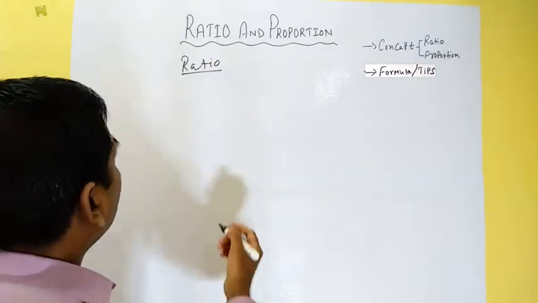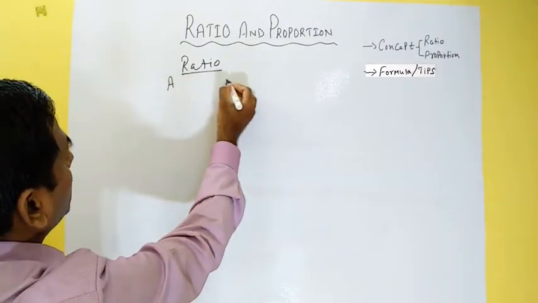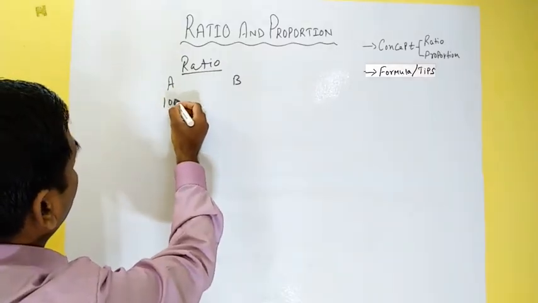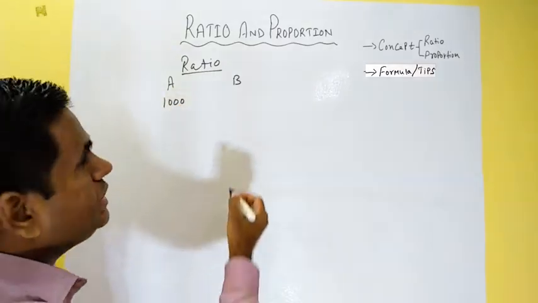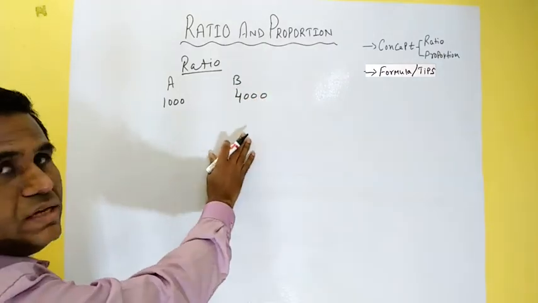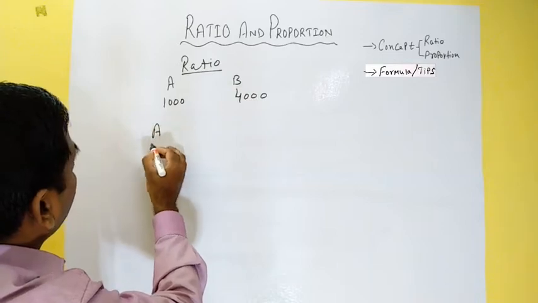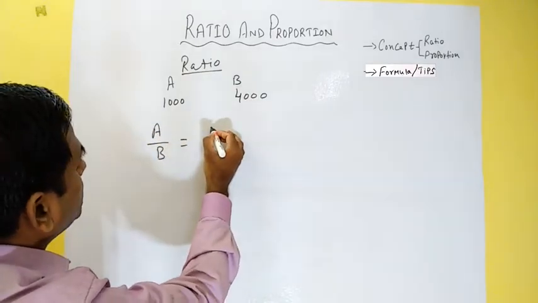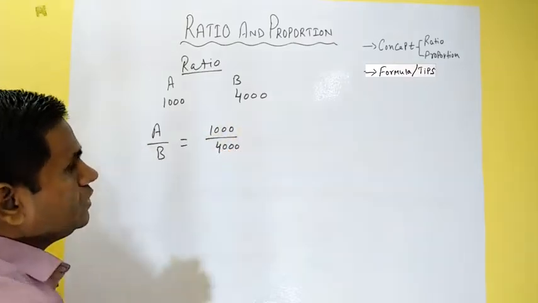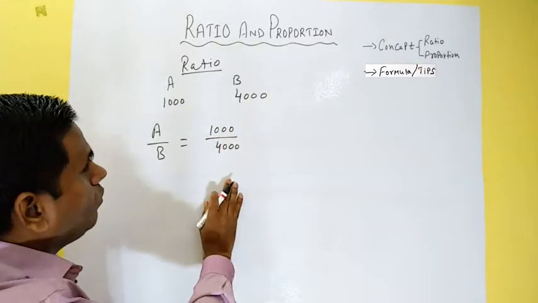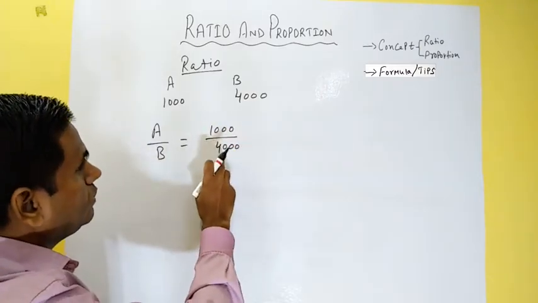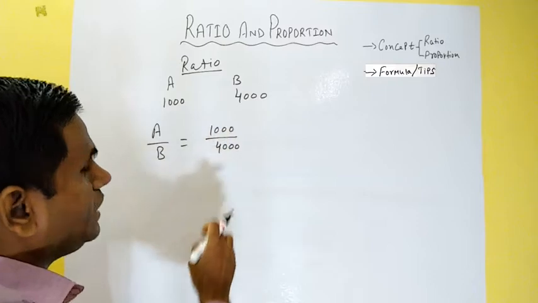For example, suppose there are two persons A and B. A is earning 1000 rupees and B is earning 4000 rupees. So when I write here A by B, that means 1000 upon 4000. So here I am comparing. When you are comparing, you can see B is 4 times of A, right?